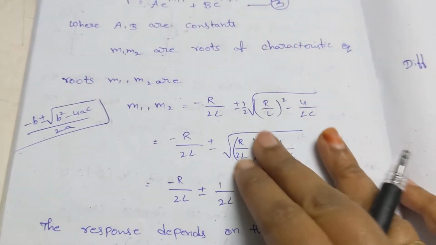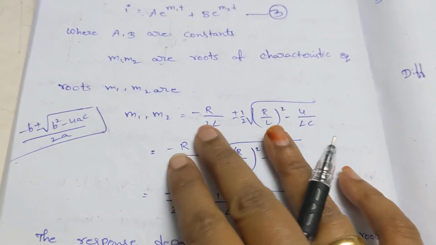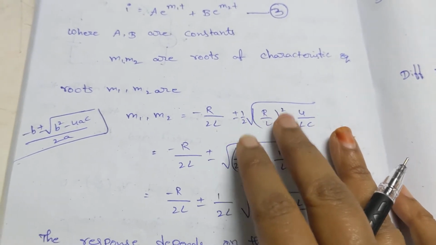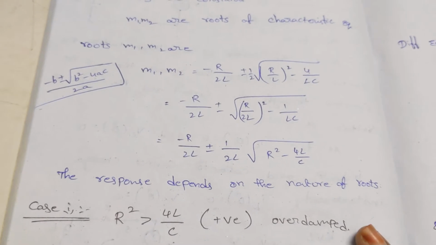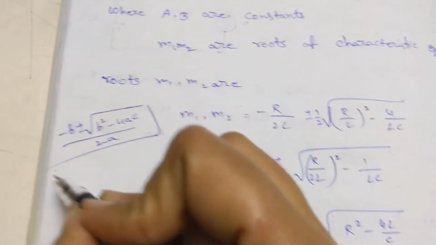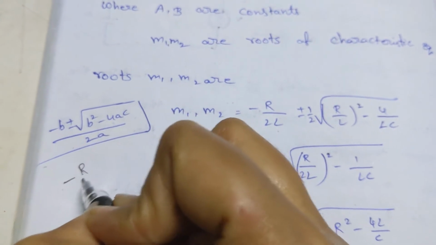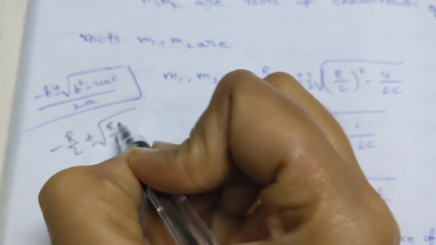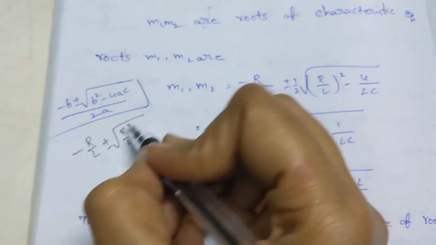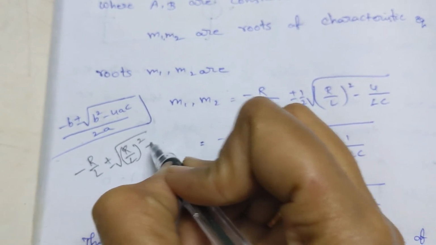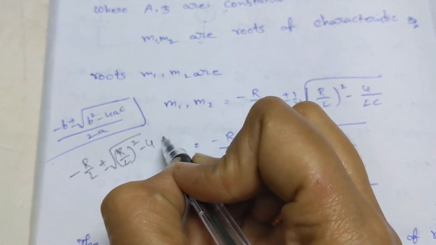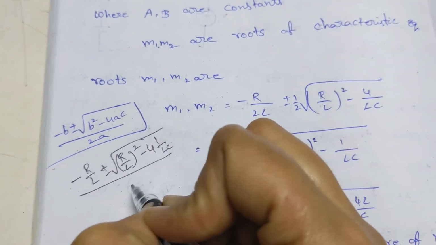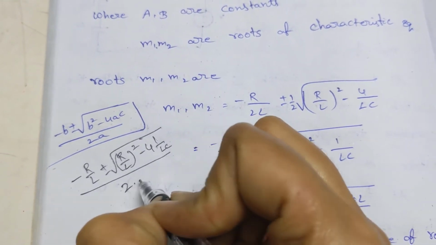Please check out how we have solved this. We just simplify or rearrange the terms here, not more than that. Please go through that. Still, if anyone has a doubt, b is nothing but R divided by L, plus or minus root over R divided by L whole square minus 4, c is nothing but 1 by LC, a is nothing but 1 only, divided by 2a, and 2a is also 1.